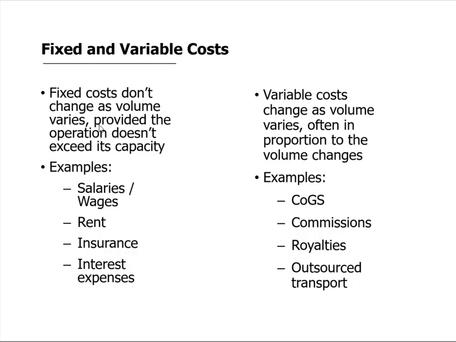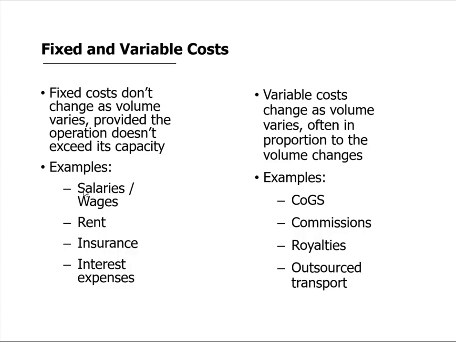That's an important piece there at the end, the piece about capacity, because if you significantly increase your capacity in order to take on a new project, well, invariably what that means is you might be renting more space, you might be employing more people, and then obviously your fixed costs will go up in order to meet the volume demands.